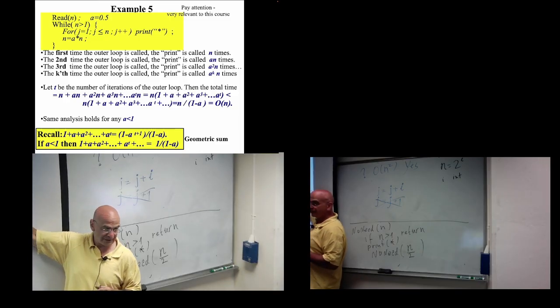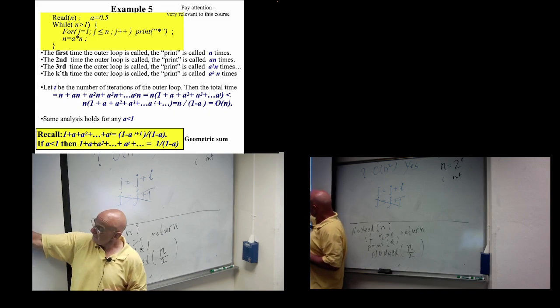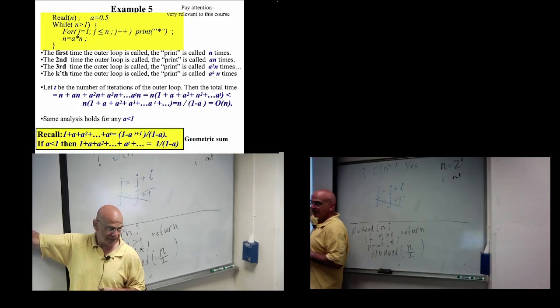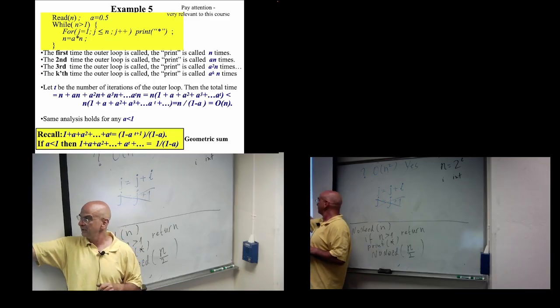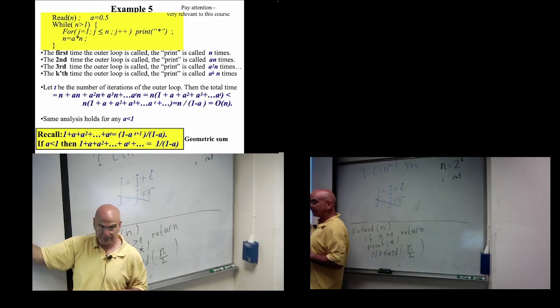So the new value is a squared times n. It's only 25% of its original value. Another iteration, after k iterations, it would be half times half times half, k times, the house doesn't worth much at this point, times n. And I want to ask how many stars did I print altogether?